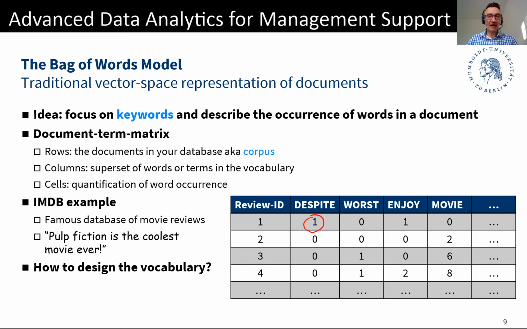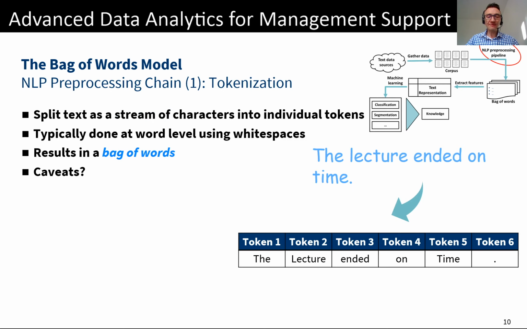To that end, we need our NLP processing pipeline, out of which I want to highlight a few steps. The first step that we typically perform is tokenization. That means we take a bunch of text, like a sentence, and then split it up into individual items called tokens. And that is often done at the word level.